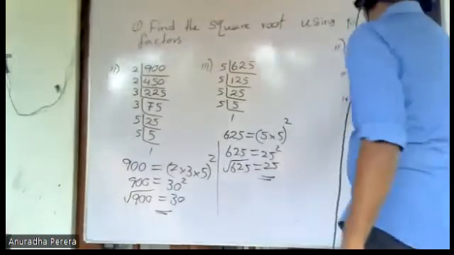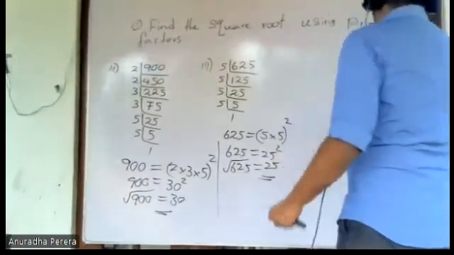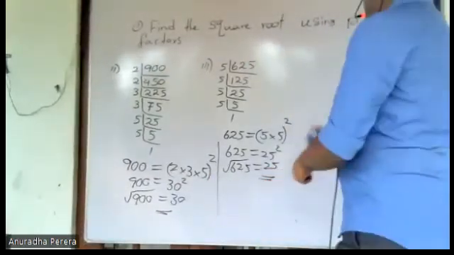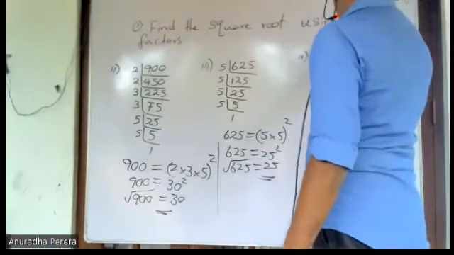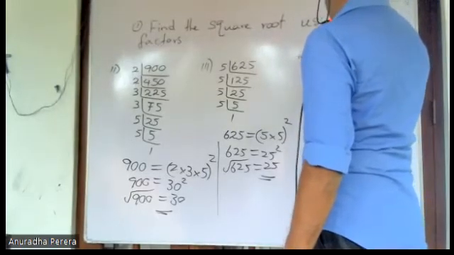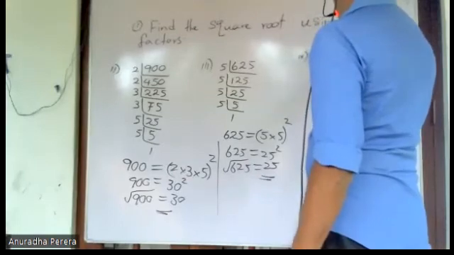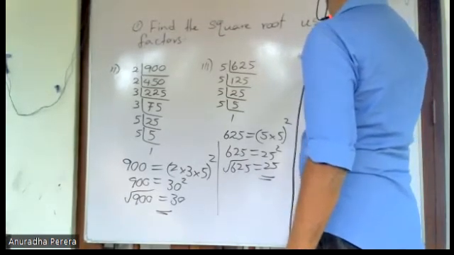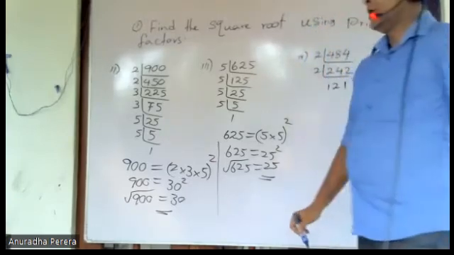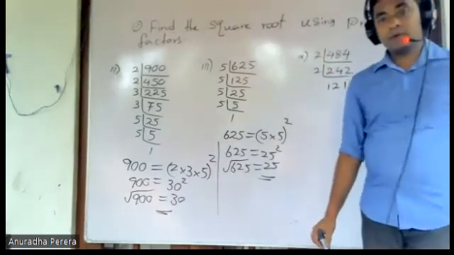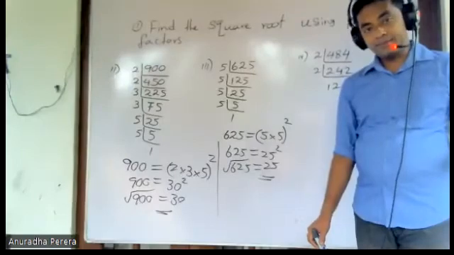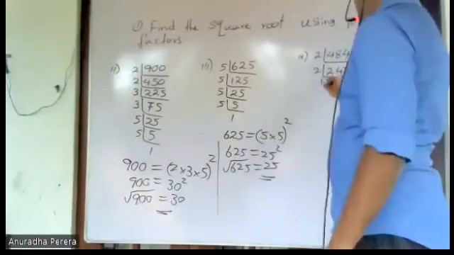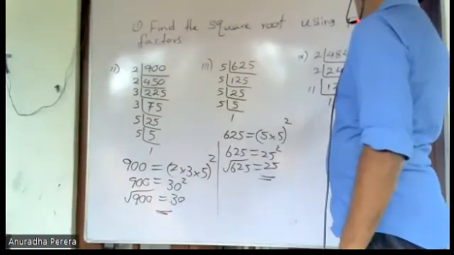Last one. Square root of 484. What is the answer? 22. Yes. Then divide by 2, 242. Again by 2, 121. 121 you can divide only by 11. Then 11.